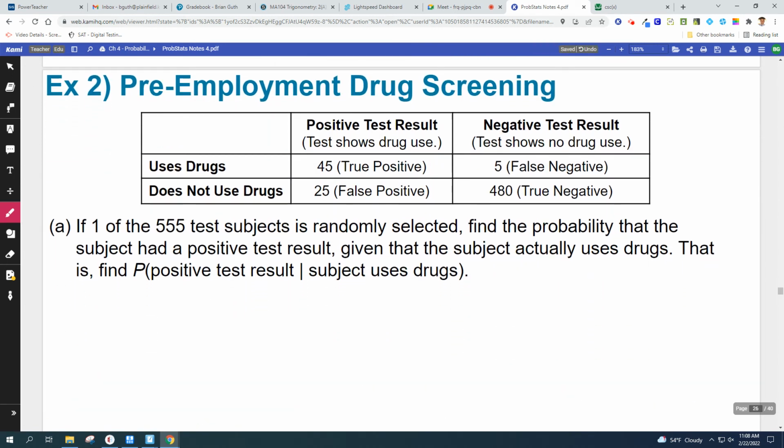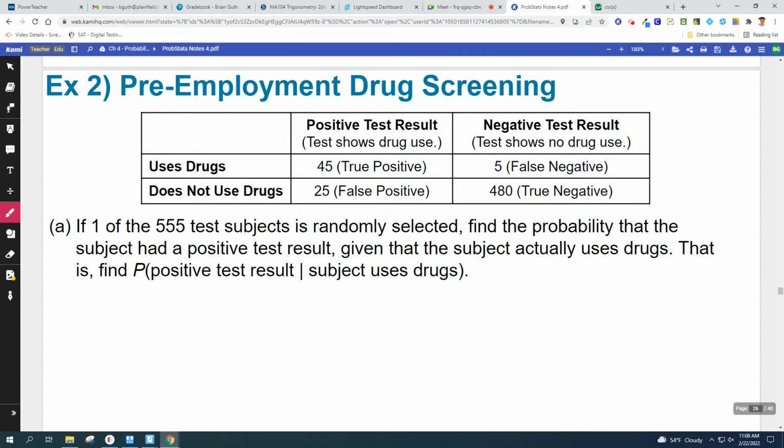Example 2, pre-employment drug screening. So you've got this chart, and it shows some employees that either use or do not use drugs, as well as their test results, positive or negative. You notice you've got some false positives and some false negatives, so sometimes the test isn't accurate. True positive means they use drugs and it showed positive.